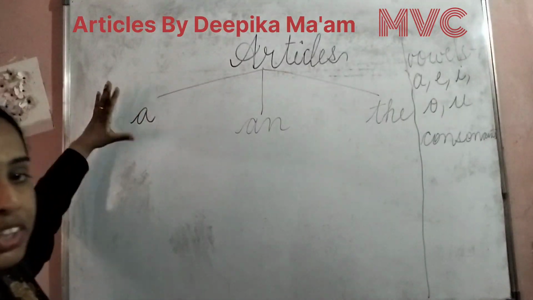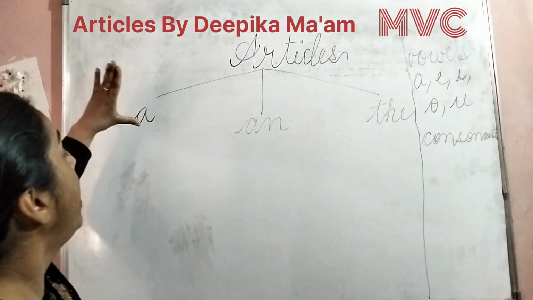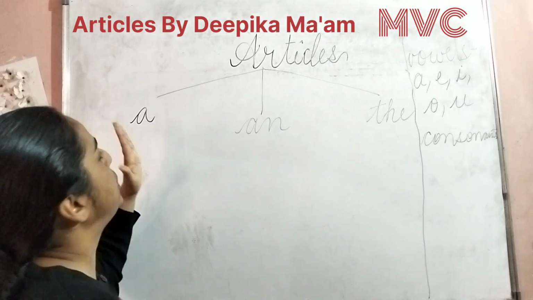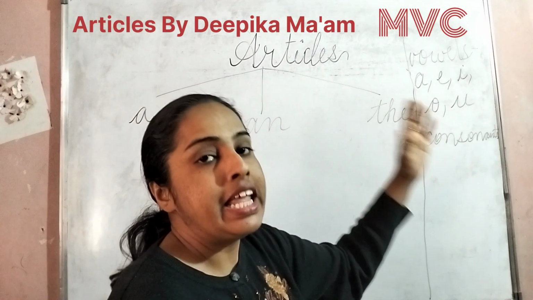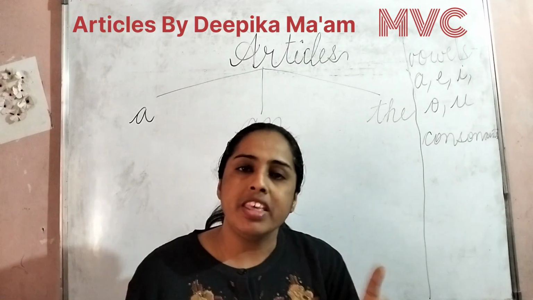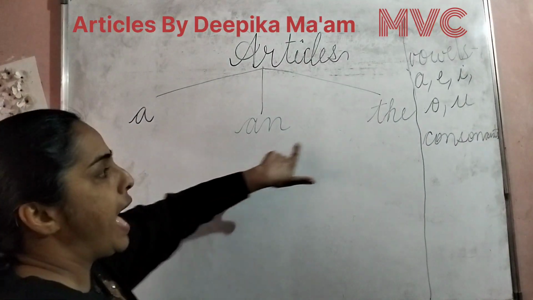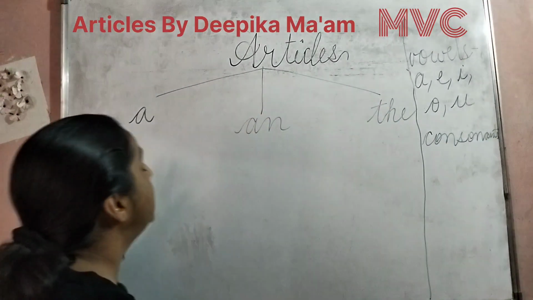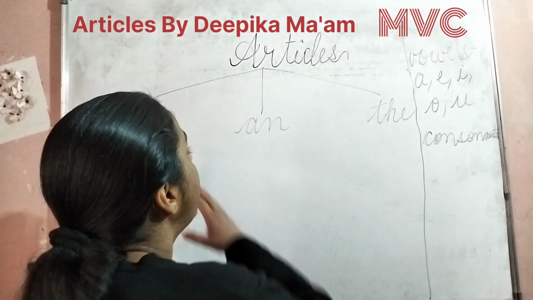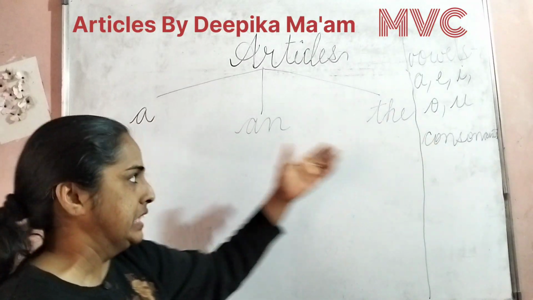Alright, so let's take the first one. Let's take them one by one. A. One common thing between a, an and the is that all the 3 articles are used for singular nouns. Anything which is singular is prefixed with a, an or the. But the difference between them you'll come to know when you know about the specific usage of all these 3 articles.